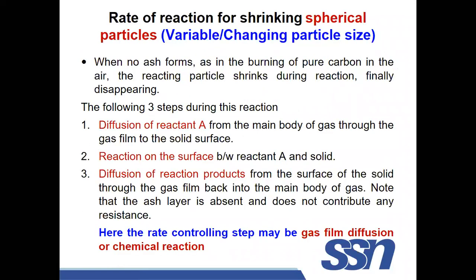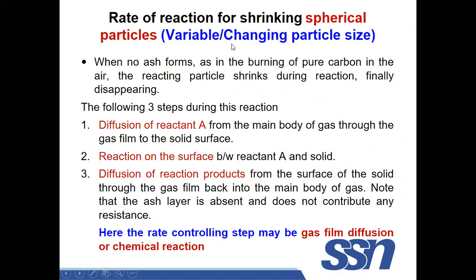So the rate of reaction for a shrinking surface, if the particle is changing, right? Earlier we saw constant size, but say the size will change, right? If the ash is removed, then what will happen? The diffusion through the ash layer may not be present. Therefore, the size will change, right?